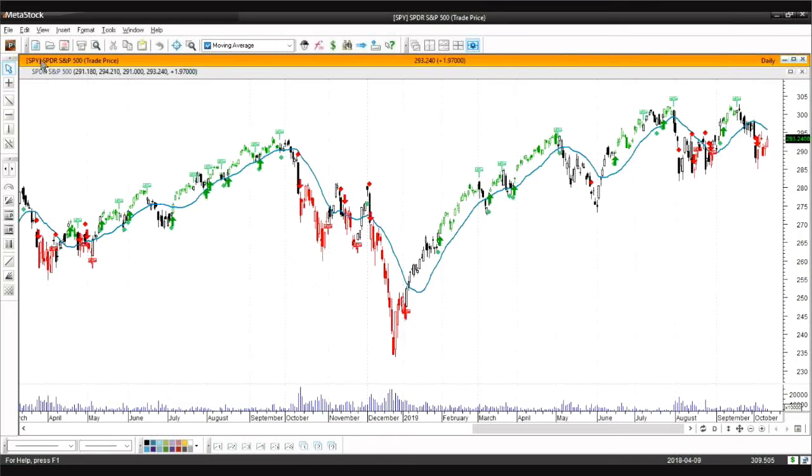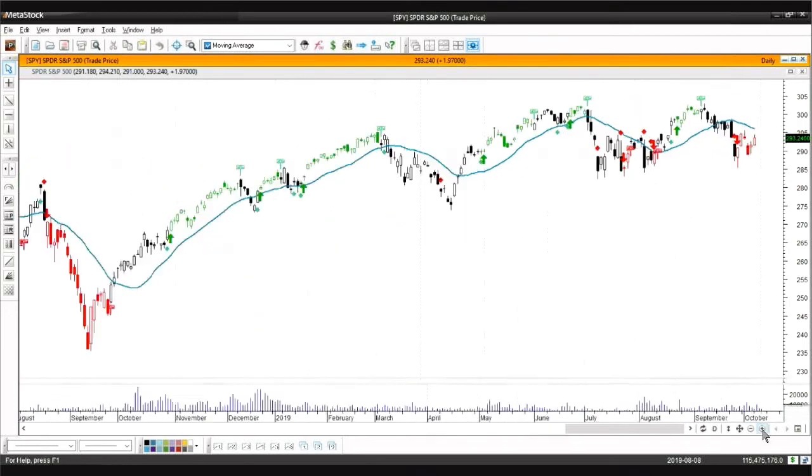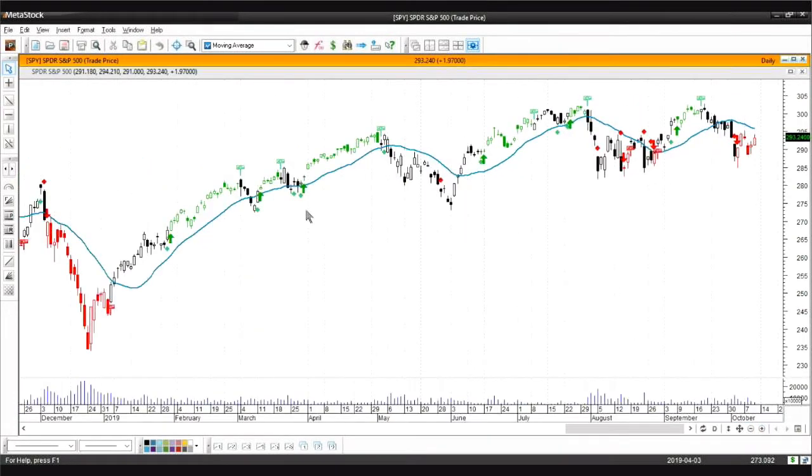This is a chart of the SPY, the ETF for the S&P 500. And what you see here on the chart, these green and red markings, is the actual Veracity indicator. Now, let me just take a moment, zoom in a little, and share with you what these are.